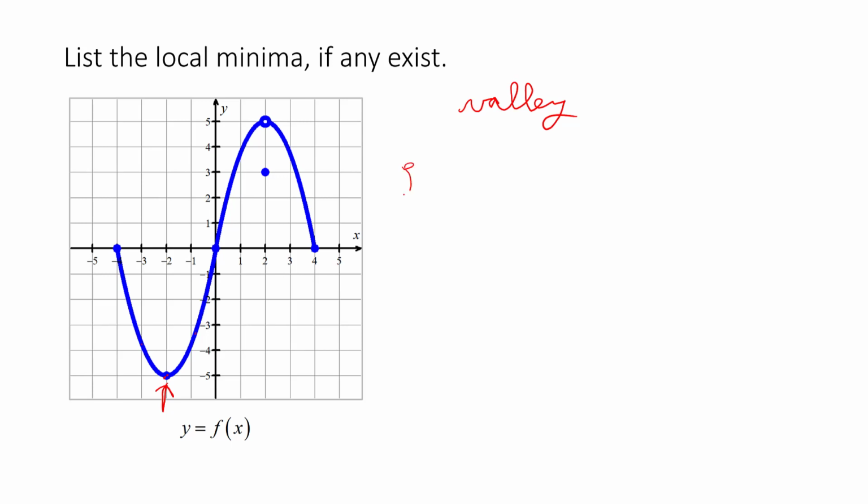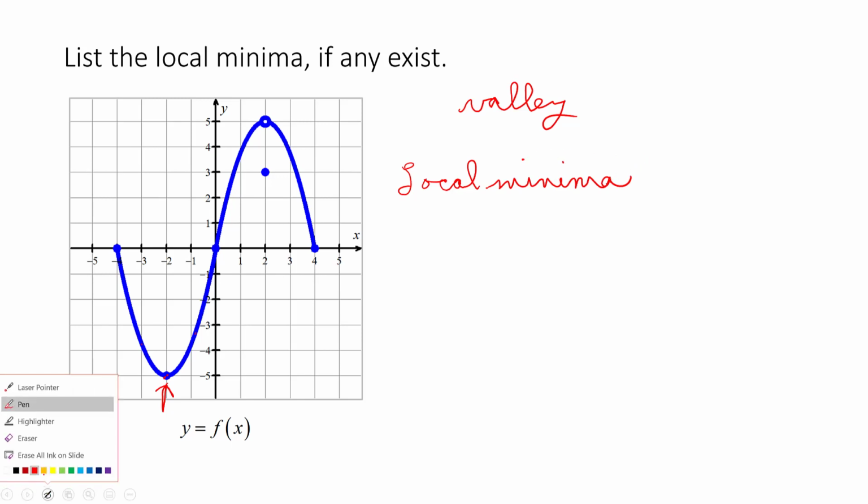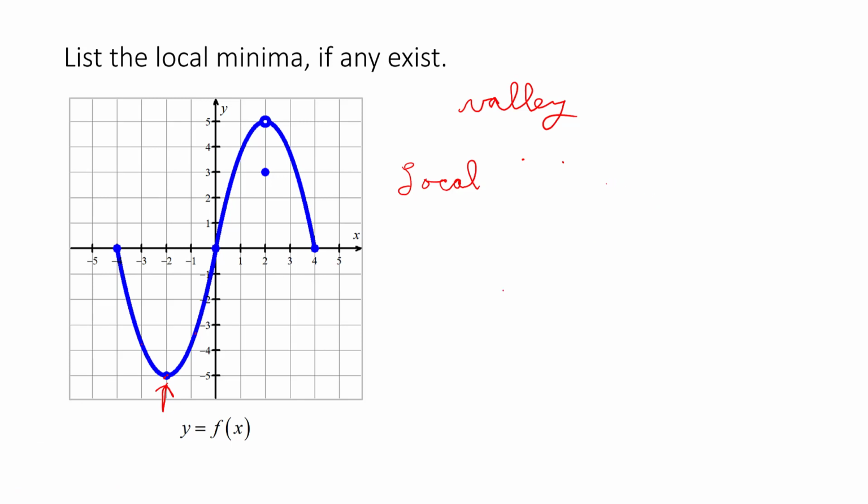The local minimum is actually -5, or you could say y equals -5.